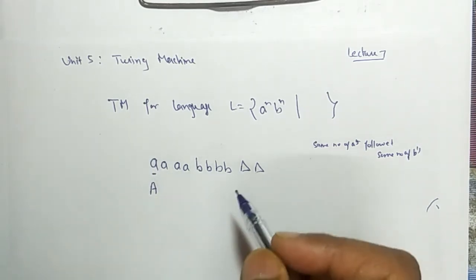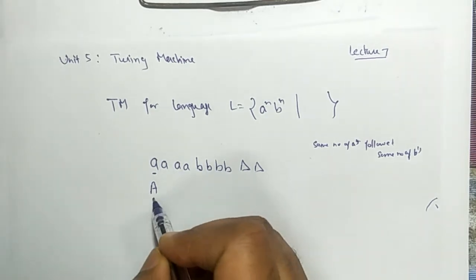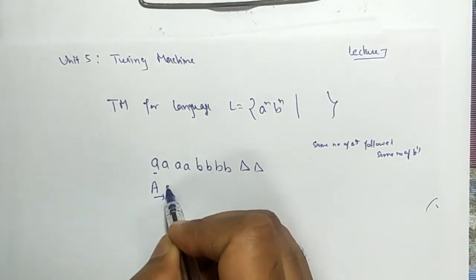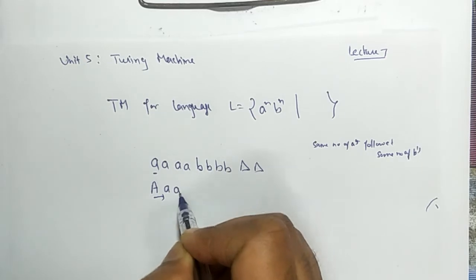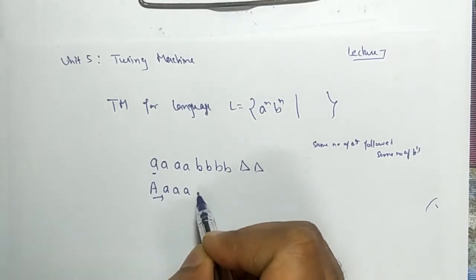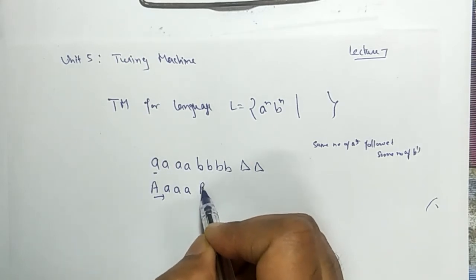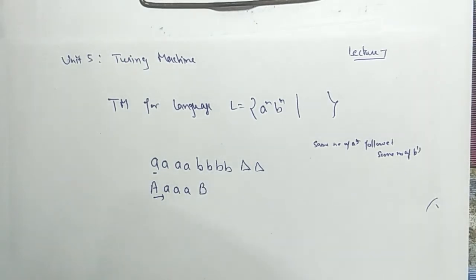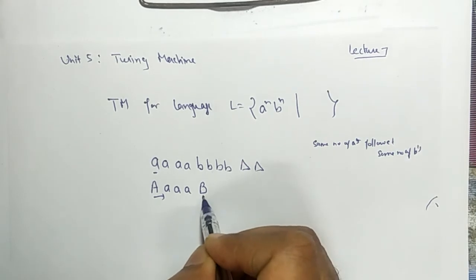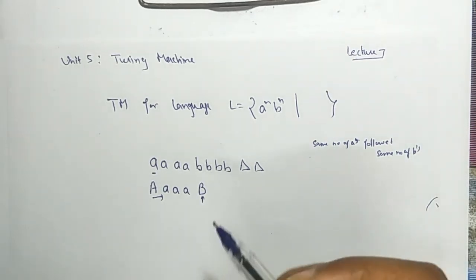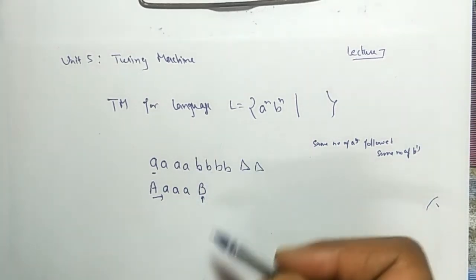Now we have to mark a b. So we move to the right, leave all A's unchanged, and we will get a small b here, and we convert this small b to capital B. In this way we marked an a and marked a b.